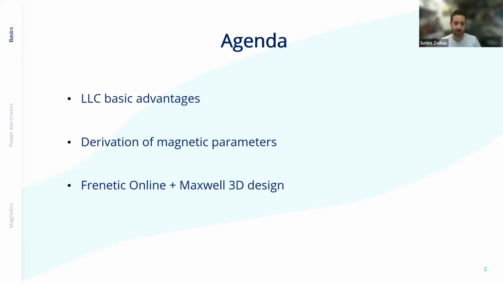And after that, we're going to see the process in Frenetic Online, as well as the Maxwell 3D, where Alfonso is going to guide us through that, and then come back to the presentation really to see some results and compare one against the other, just to have a closure, let's say.